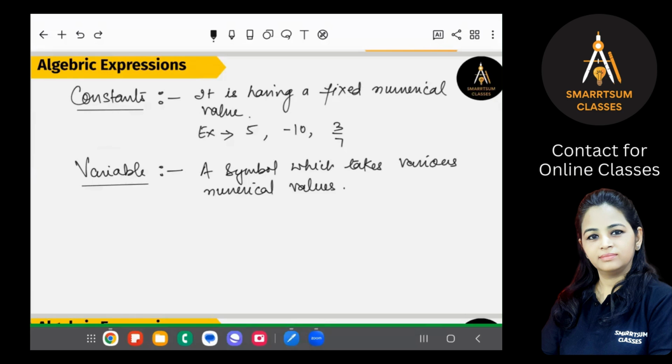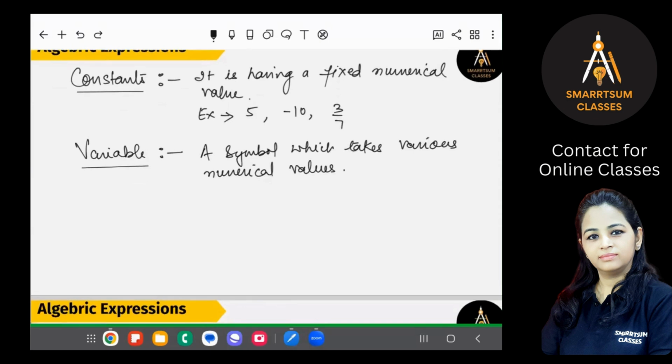Is that clear? For example, when we say perimeter, as you know what perimeter is, the perimeter of a square of side A, how will we write it?